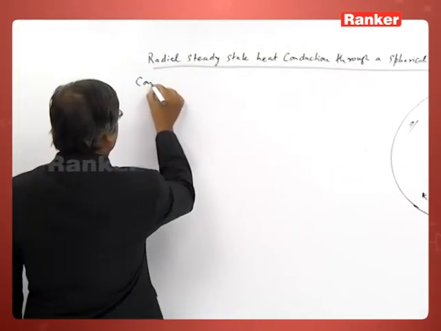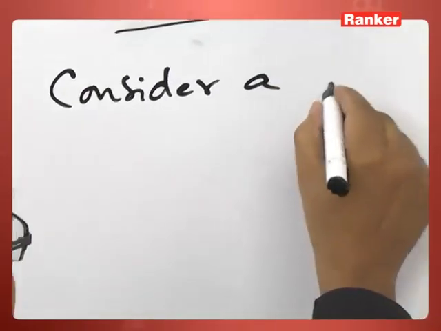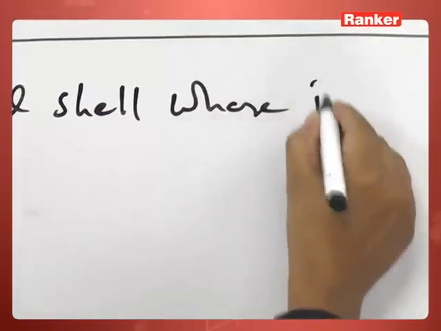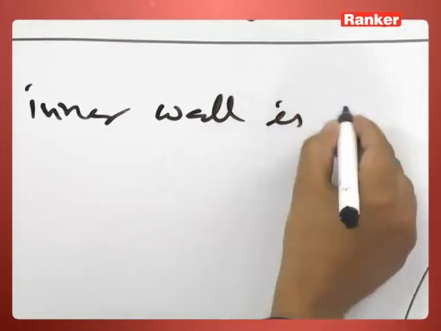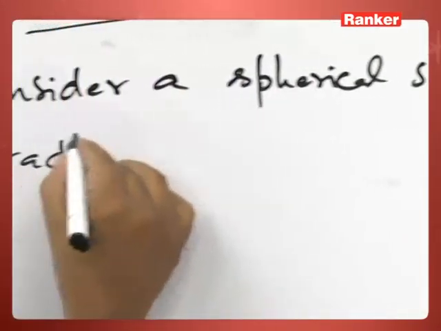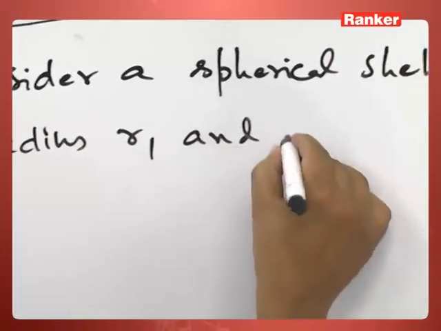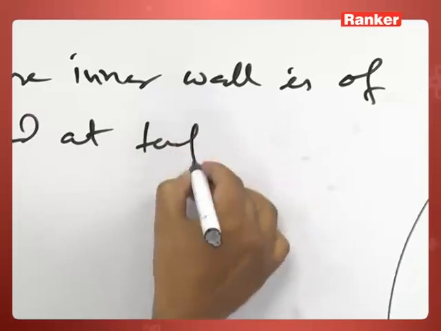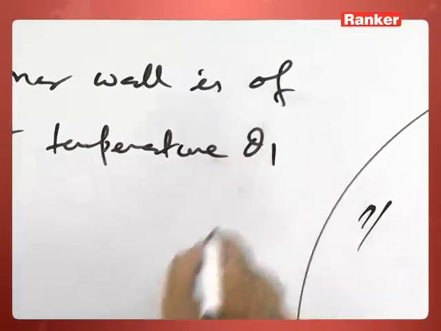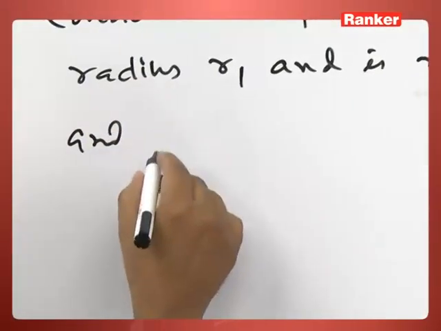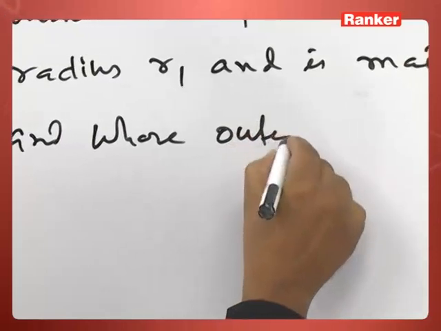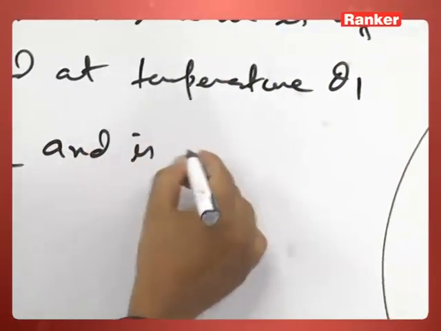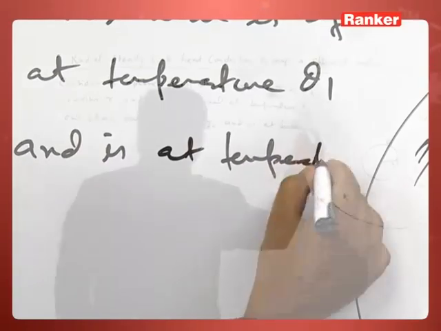So, consider a spherical shell whose inner wall is of radius r1 and is maintained at temperature theta 1, and whose outer radius is r2 and is at constant temperature theta 2.